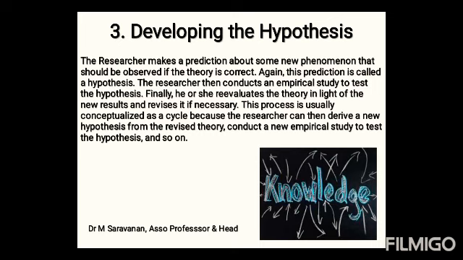Finally, he or she re-evaluates the theory in light of the new results and revises it if necessary. This process is usually conceptualized as a cycle because the researcher can derive a new hypothesis from the revised theory, conduct a new empirical study to test the hypothesis, and so on.